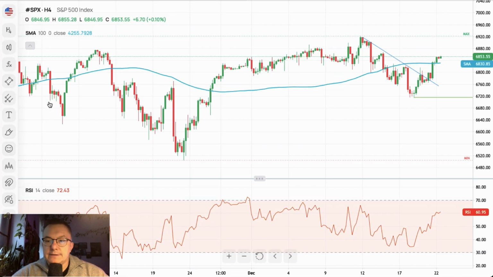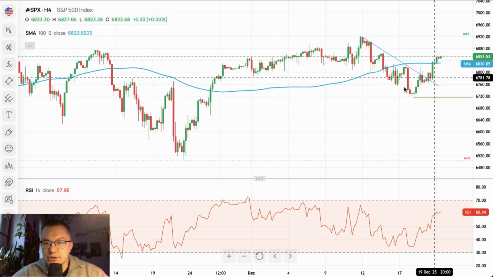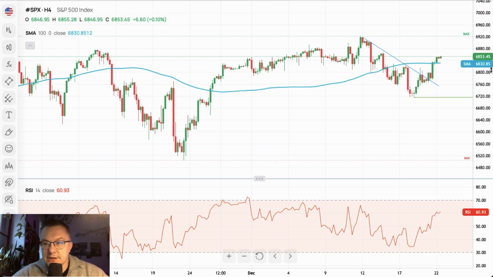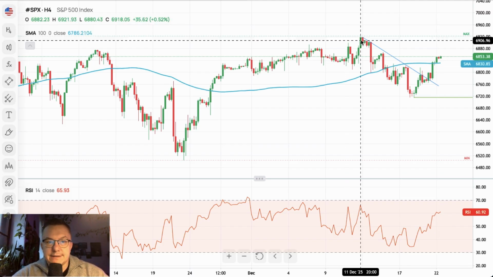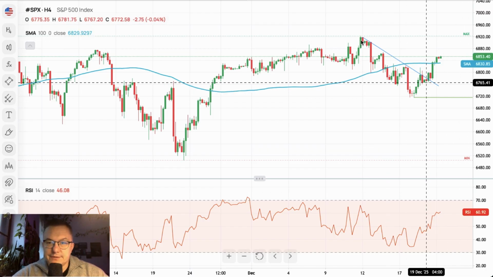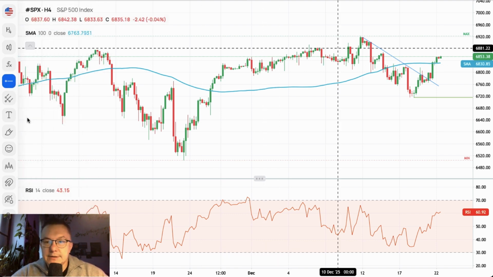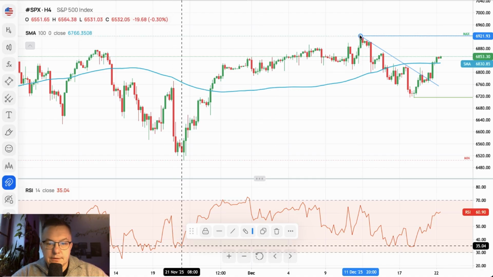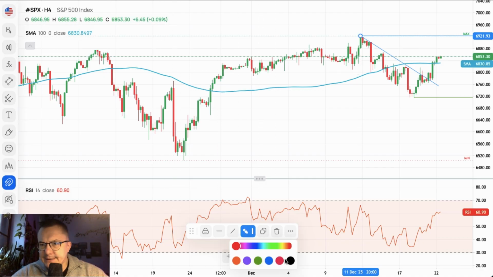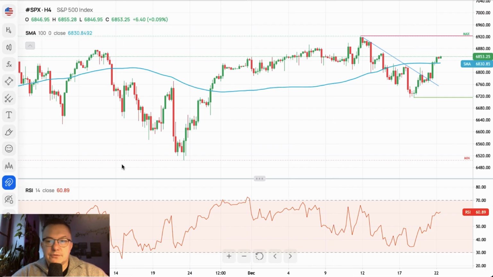In that situation, S&P 500 broke above the local trend line on the 4-hour time frame chart, broke above the 100 periods moving average at 6,830, and it's trying to move as high as 6,920. Momentum is strong, momentum is positive. Nevertheless, the upside might be quite limited due to the fact that we are just 7, 8, 9 days ahead of the end of 2025.